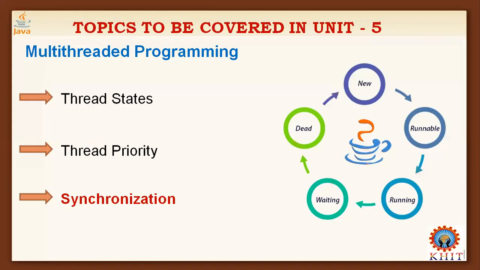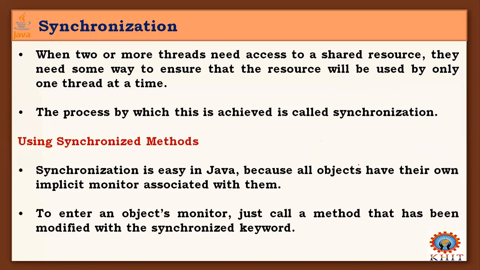The next topic is synchronization. When two or more threads need access to a shared resource, as I told you, when the threads are cooperative, meaning they depend on each other while executing, or when two or more threads are going to access shared data or a shared variable, or a resource, maybe software or hardware, they need some way to ensure that the resource will be used by only one thread at a time, not two at a time.